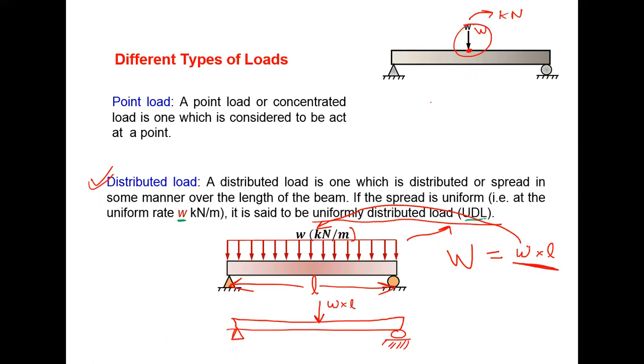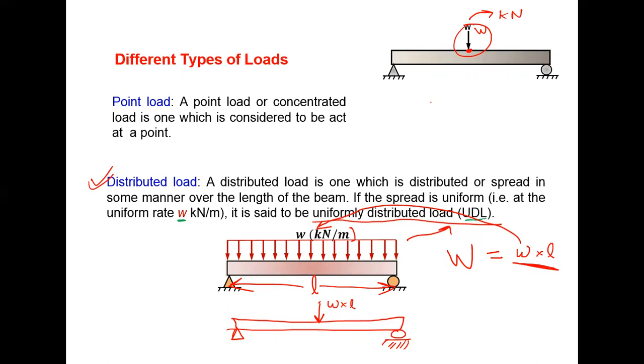So this w is denoting uniformly distributed load, and it is denoted by a unit kilonewton per meter. Okay, so if you multiply this w by the span length of beam, you will get total load, and this total load you can place on the beam. Okay, so where will you place it to replace this UDL?